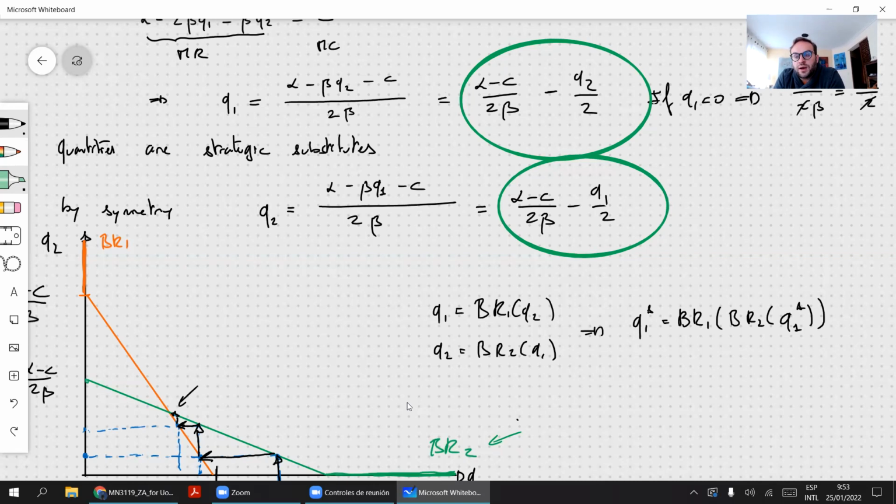Therefore, we should find a unique solution, if things are correctly specified.